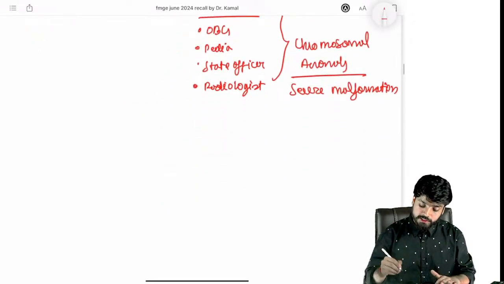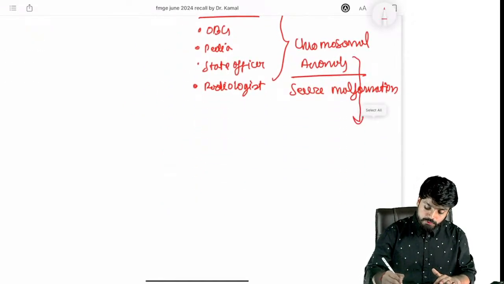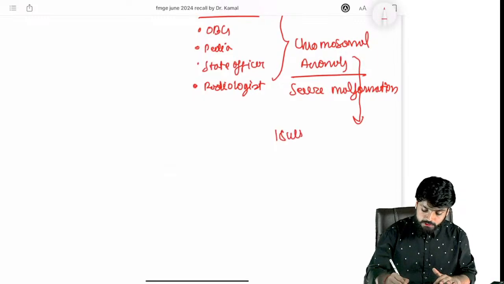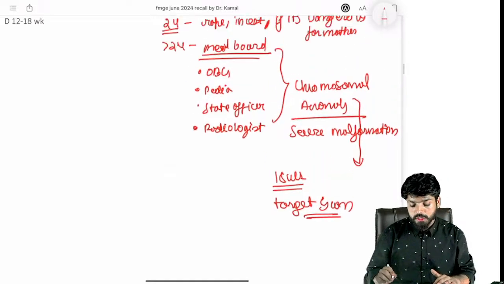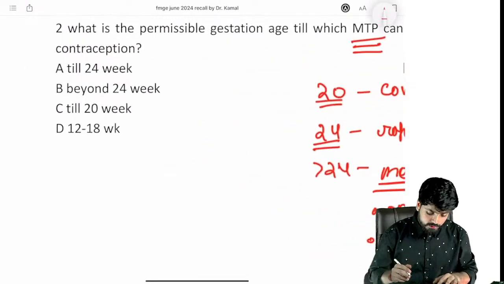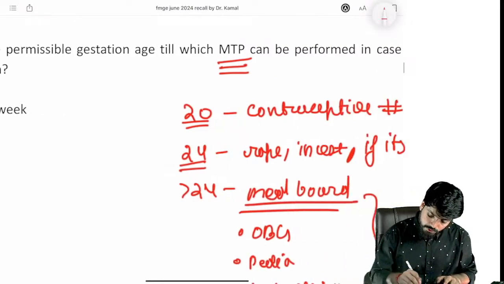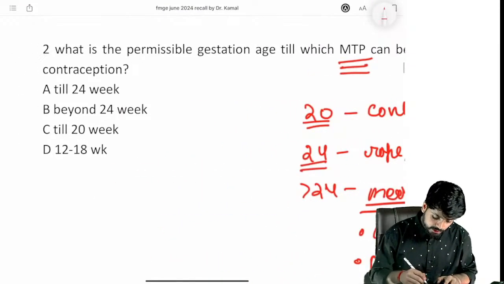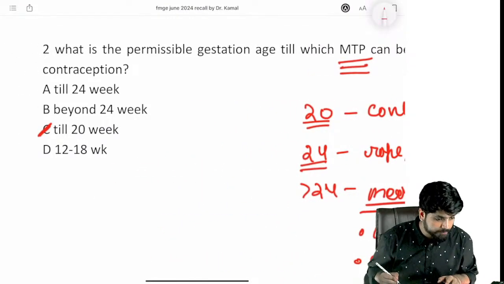One of them, specifically required for chromosomal anomaly, is the 18th week scan or target scan. Remember guys, that's how you can correlate all the integrated parts with each other. So the answer will be, in failed contraception, till 20 weeks.